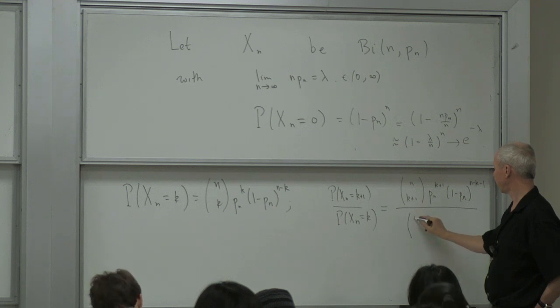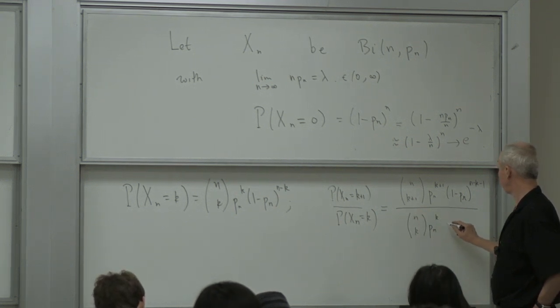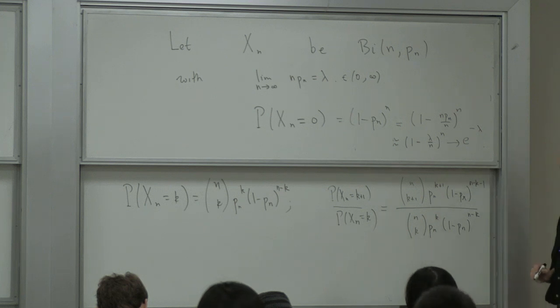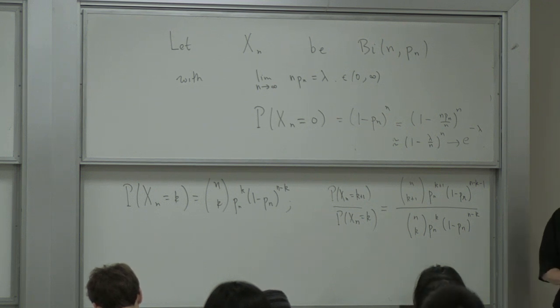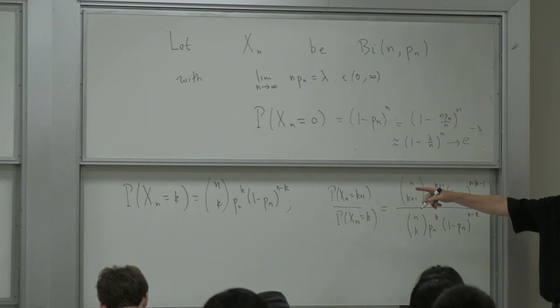In the denominator, it's n choose k, pn to the k, 1 minus pn to the n minus k. All I did was use the definition of binomial.